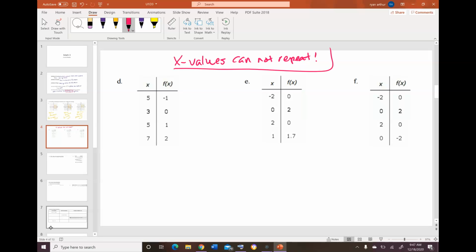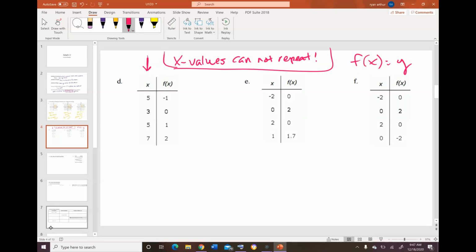So we're going to look at the x values. Now, I know you see this f of x. That is function notation, and it just means y. So f of x is y.